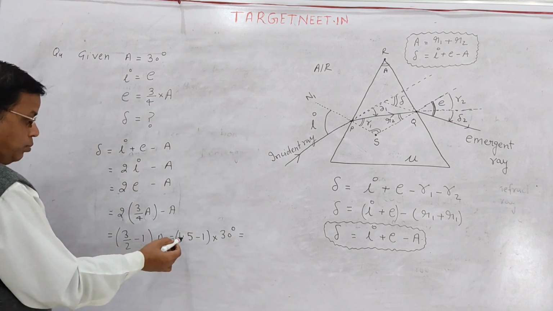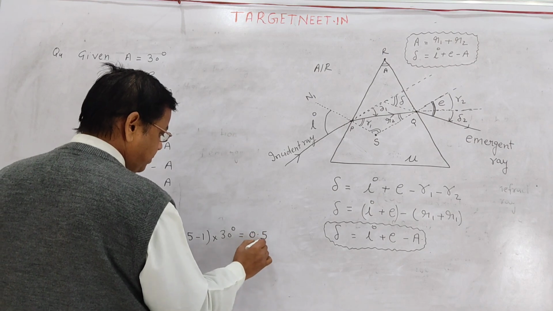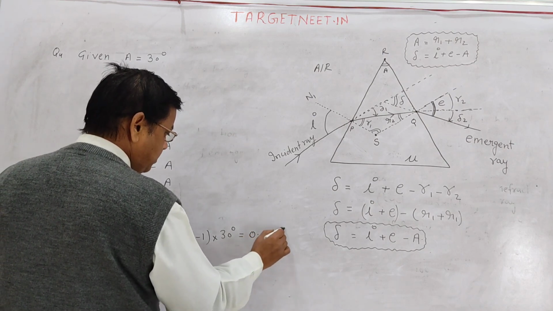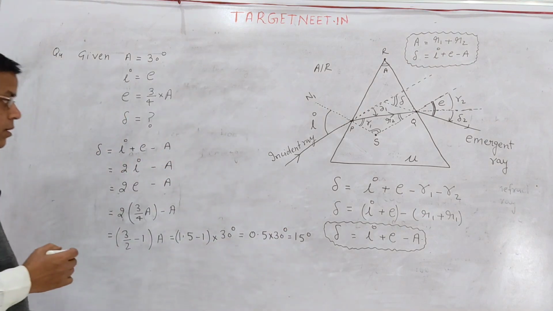So this is 1.5 minus 1, that is 0.5, into 30 degree, so this is 15 degree. So the deviation is 15 degree in this case.